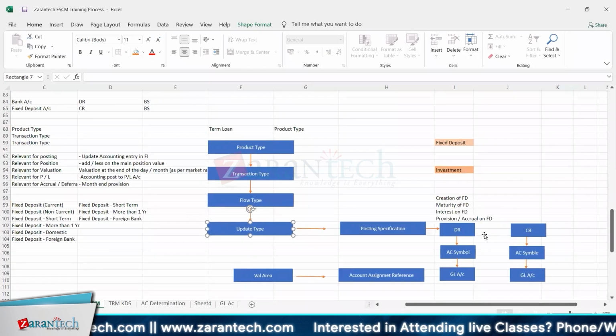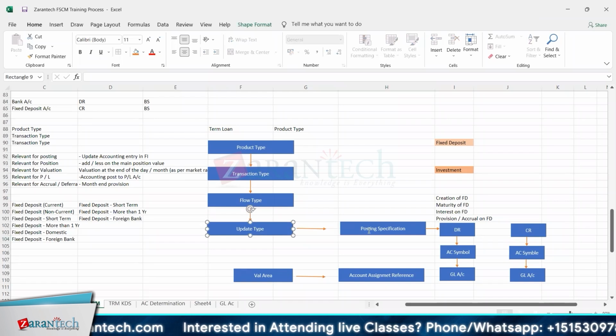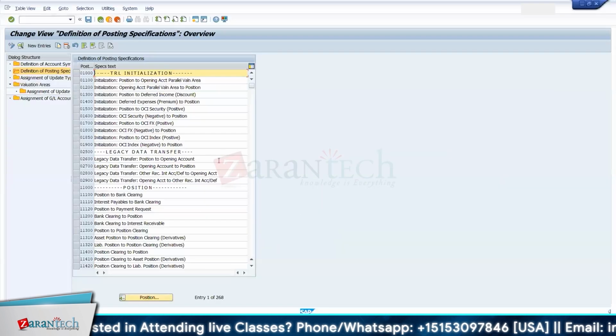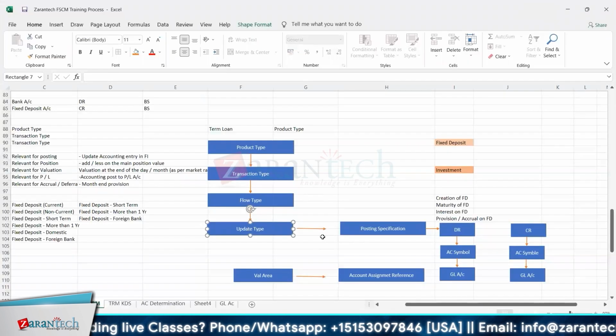Here I need to see in SAP what the posting specification and update type linkage is. First I look at the standard one, what the standard linkage is, then later you can see how we can create a new update type and a new posting specification.